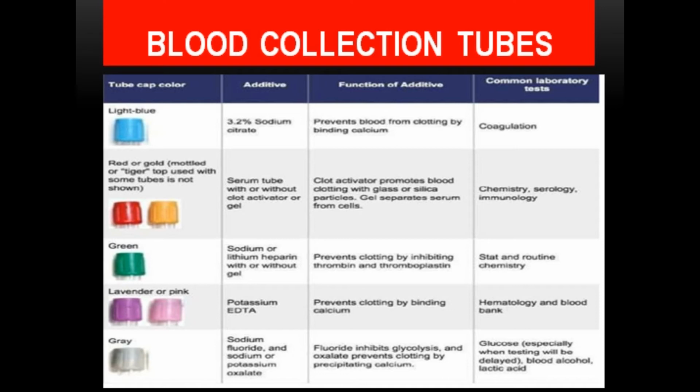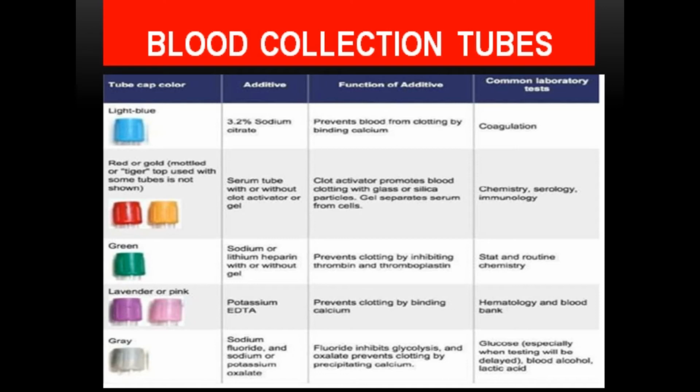Green top tubes contain an anticoagulant, which is sodium heparin or lithium heparin, and are used for the prevention of clotting by inhibition, and again are used for chemistry purposes. Then we have lavender or pink top tubes, which are used for blood formed element determination.